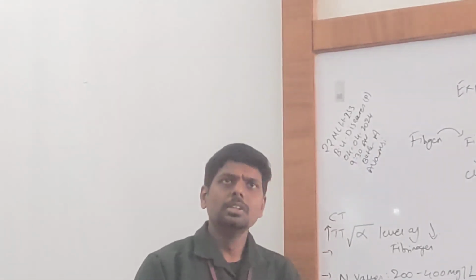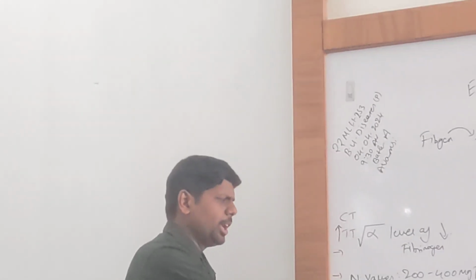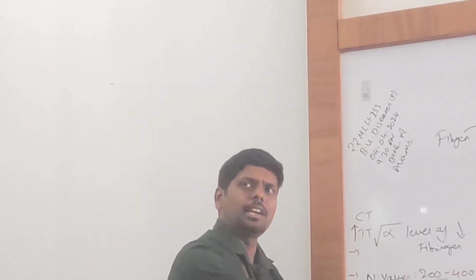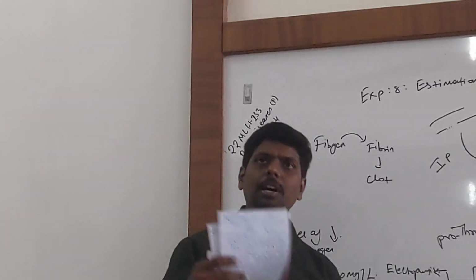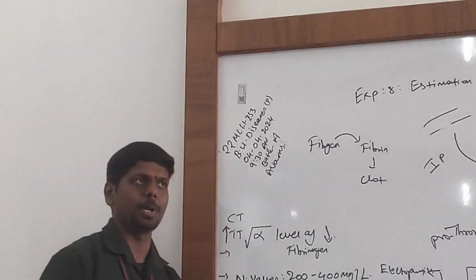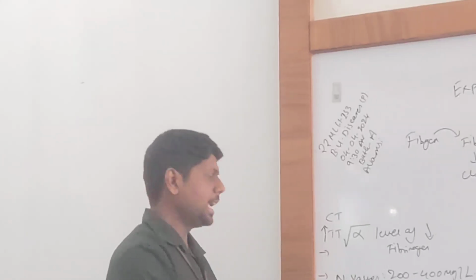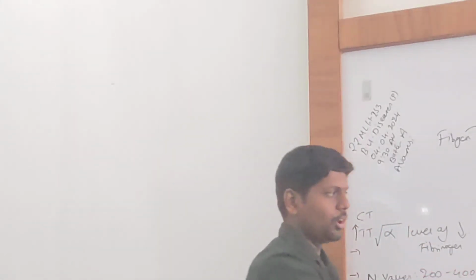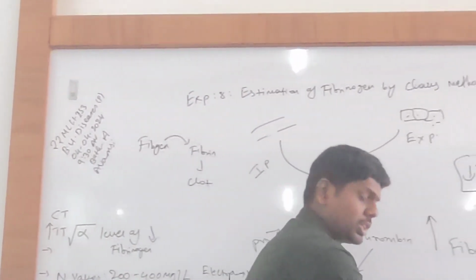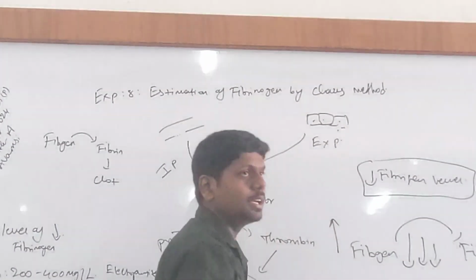So liver-mediated fibrinogen levels we can directly detect without this test, with the bilirubin test or symptoms of the patient. Okay, so I eliminated liver correlation with fibrinogen. We are only focusing on reduced fibrinogen levels due to clotting in the body.